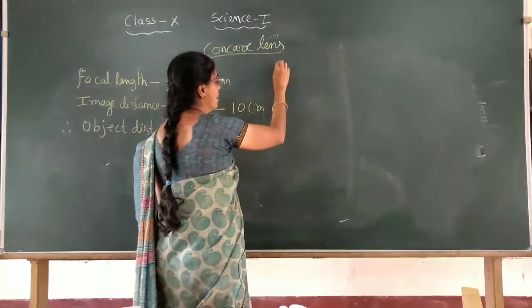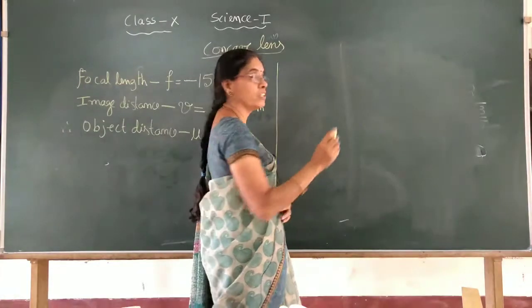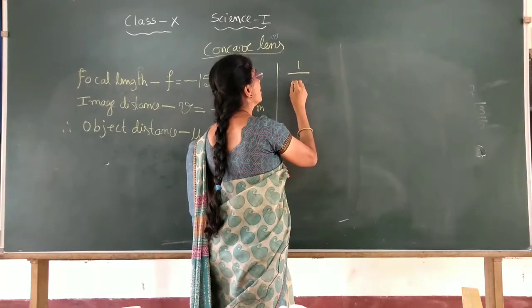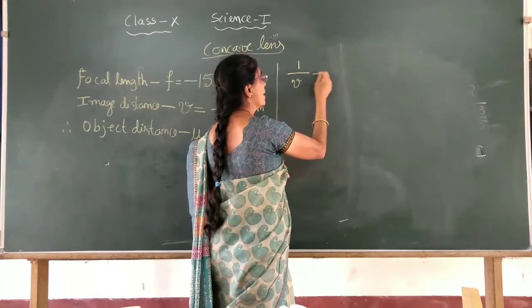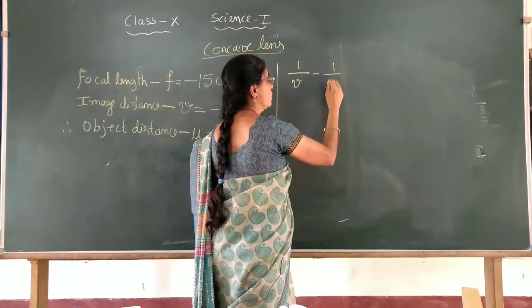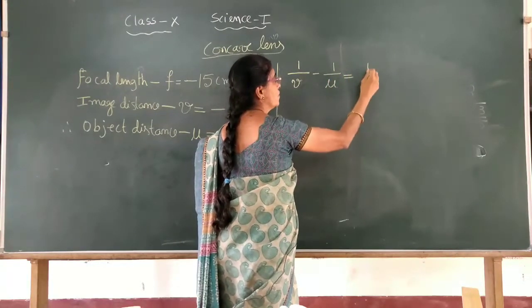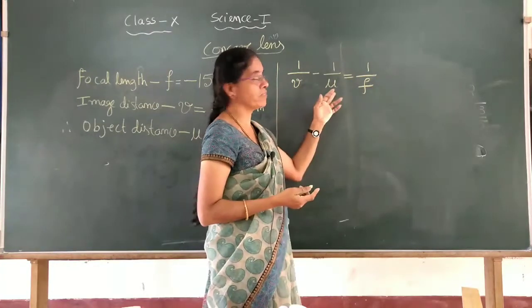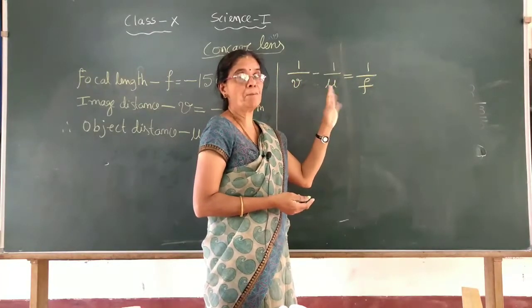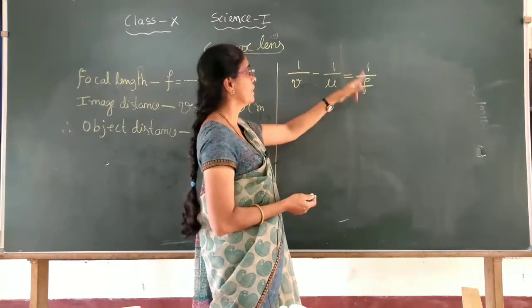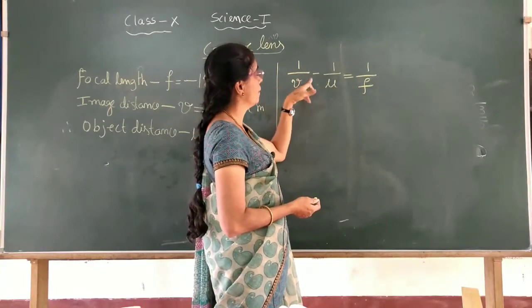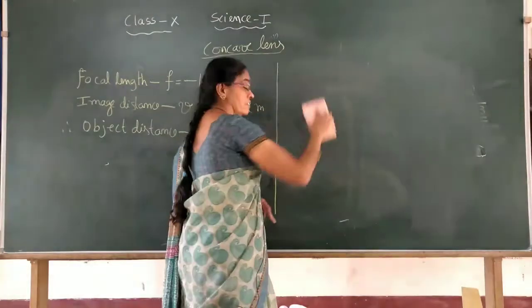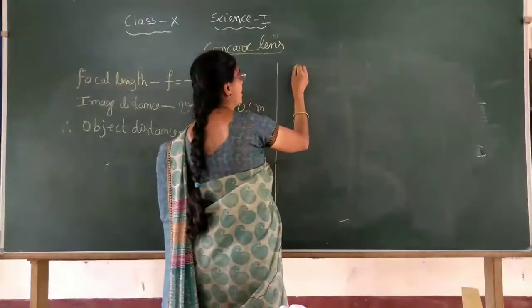Now we will use the lens formula. Lens formula we will use: 1 by V minus 1 by U is equal to 1 by F. Or you can write like this way also for simple calculation: 1 by F is equal to 1 by V minus 1 by U. If you get confused, if you want to write in this manner, I will write, no problem.